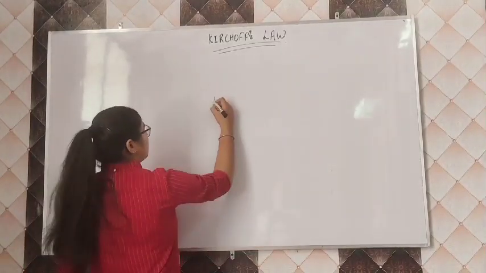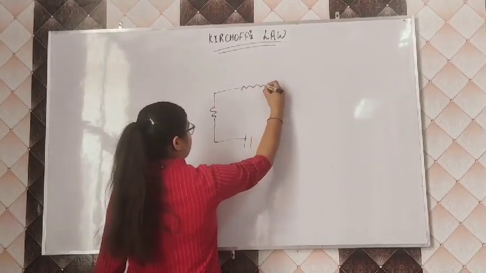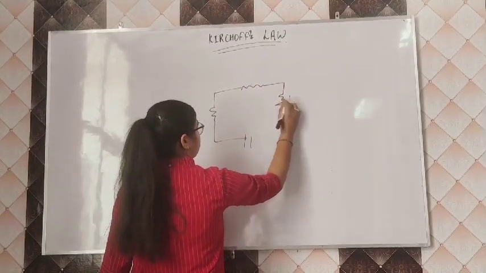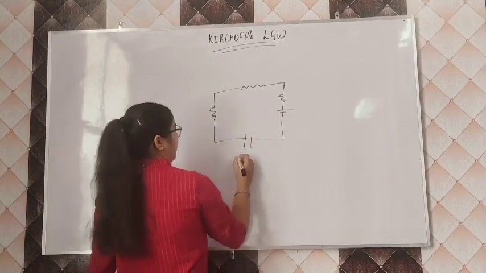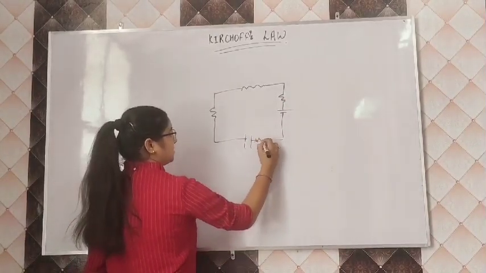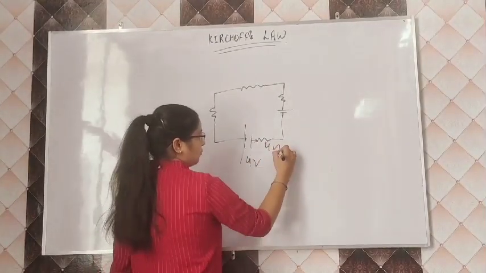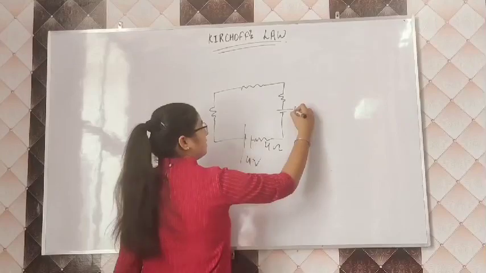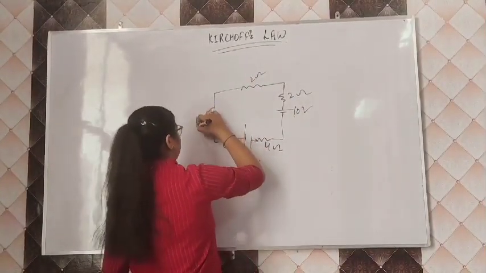See. This is the circuit. Here potential is 4 volt, here 4 ohm, here 10 volt, 2 ohm, 2 ohm and 1 ohm.